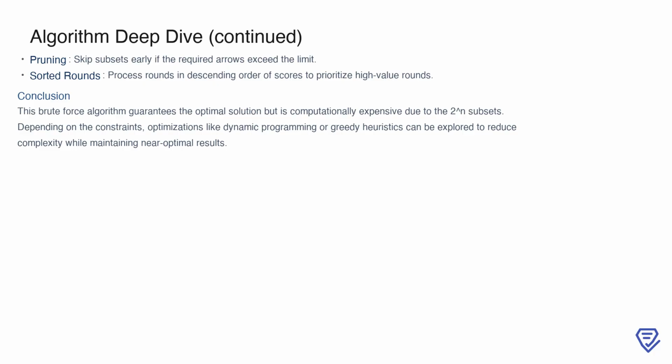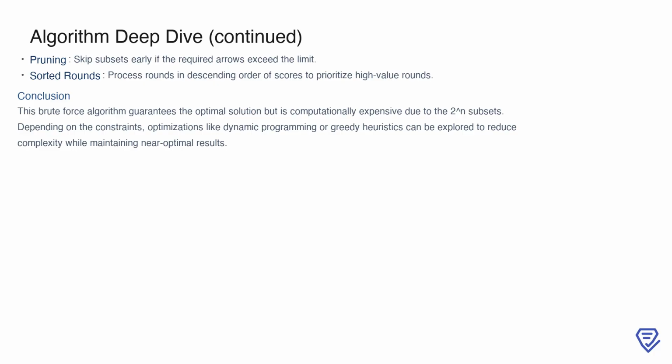While the brute force method guarantees an optimal solution, it can be computationally expensive due to the exponential number of subsets. Depending on the constraints, alternative methods like dynamic programming or greedy heuristics might strike a balance between efficiency and accuracy. These optimizations can significantly reduce the computational overhead while still achieving near-optimal results, making the solution more scalable for larger problem sizes.